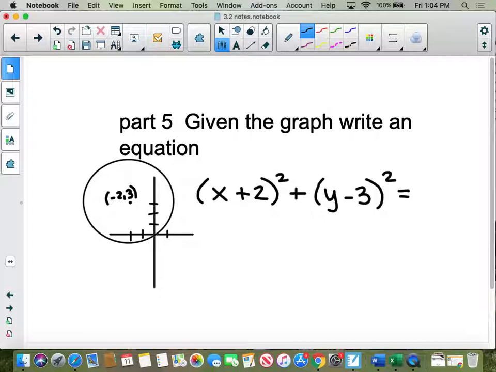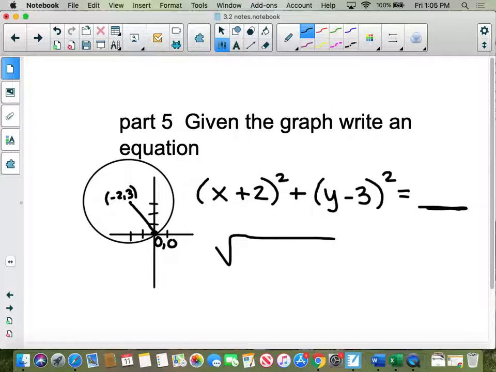We're almost done with this problem. We only need to know what the radius squared is. And we know it goes through 0, 0. Can we figure out what the radius is? There are 2 ways you can do this. We can do the distance formula, right? And I'll do it really quick. Well, this is easy.